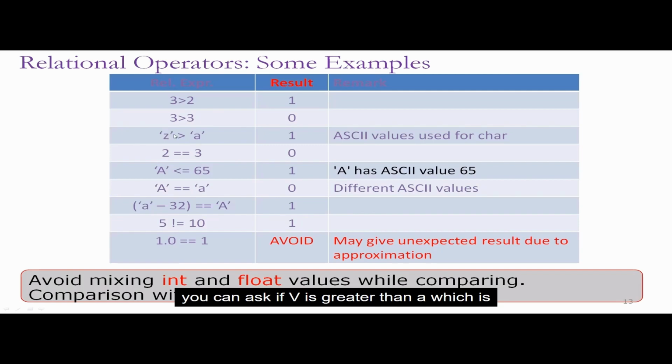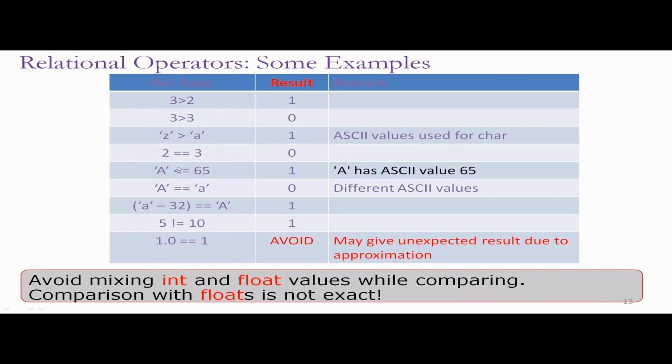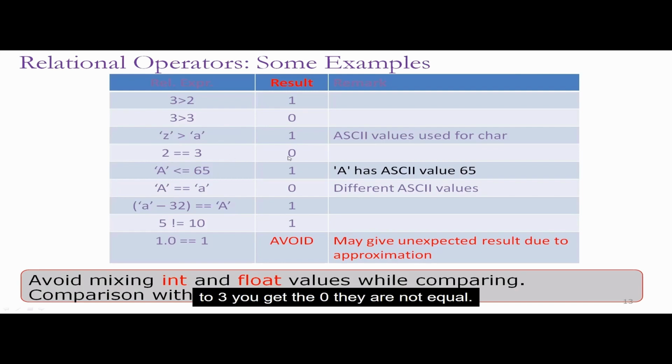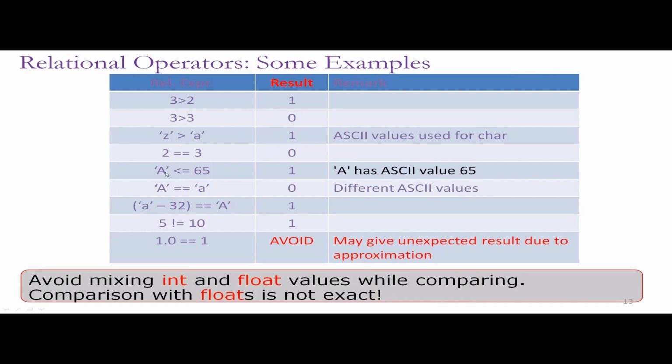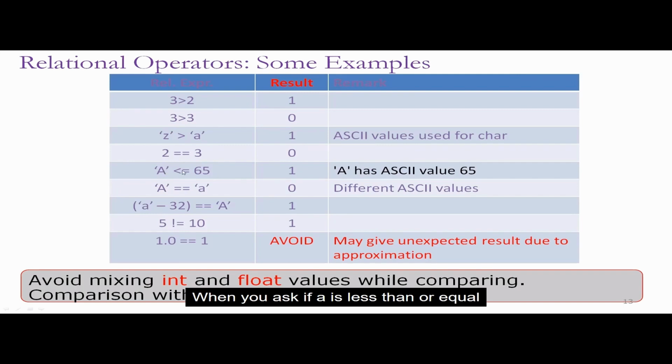You can ask if 'z' is greater than 'a', which is going to be true because the ASCII value of small z is larger than the ASCII value of small a. When you ask if 2 is equal to 3, you get the result 0. They are not equal. When you ask if 'a' is less than or equal to 65, you get 1 because 'a' has exactly the ASCII value of 65, etc.